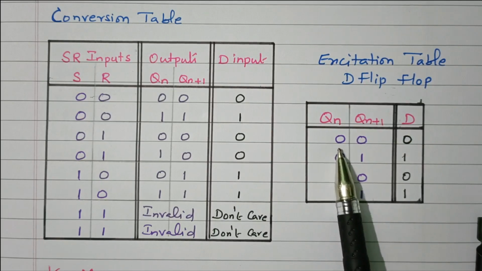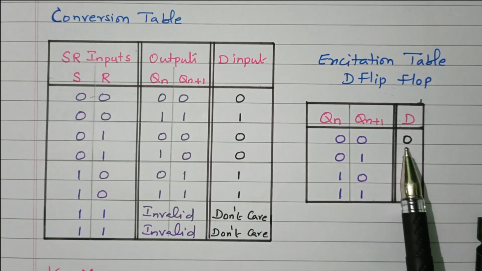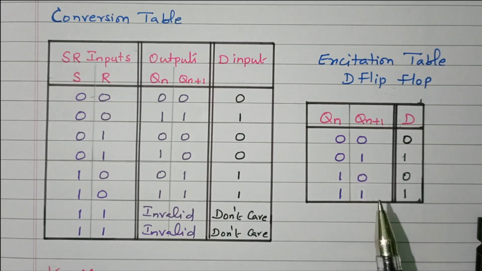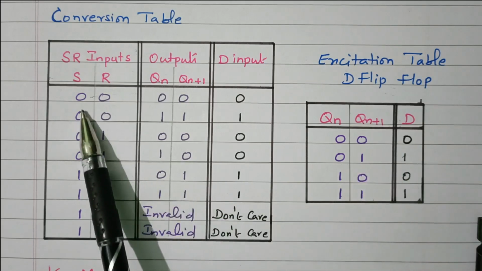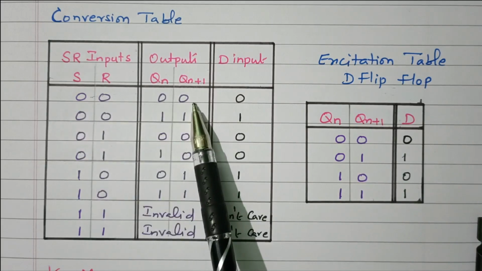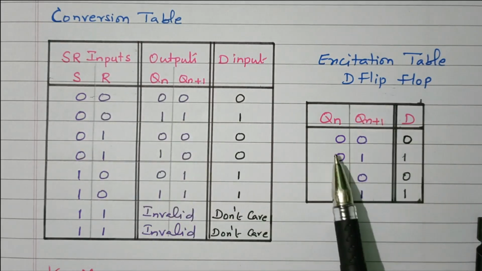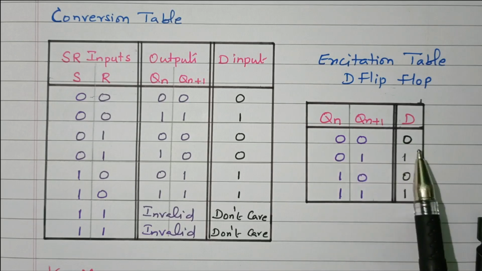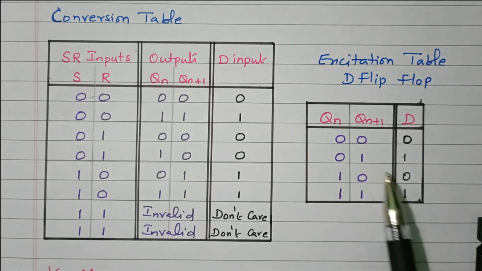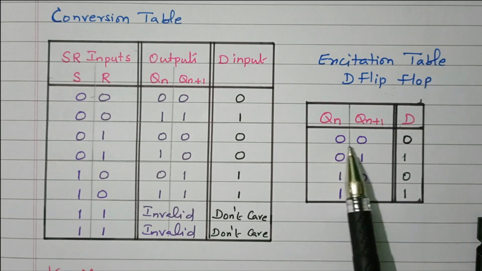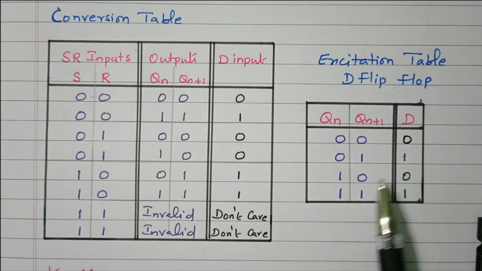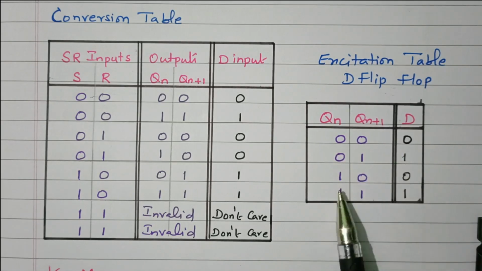For present state 0, next state 0, what is the input to the D flip-flop? 0, 1, what is the input? Truth table means from input we are checking the output. Excitation table means from output we are checking what input is needed. Right. So this is the excitation table. 0 0 means D input is 0, 0 1 means 1, 1 0 means 0, 1 1 means 1.